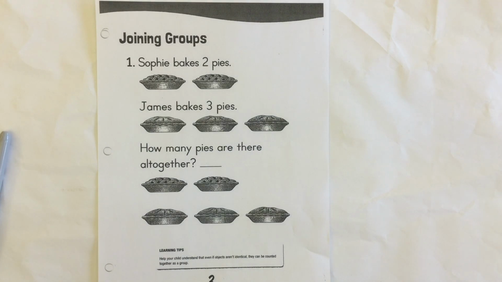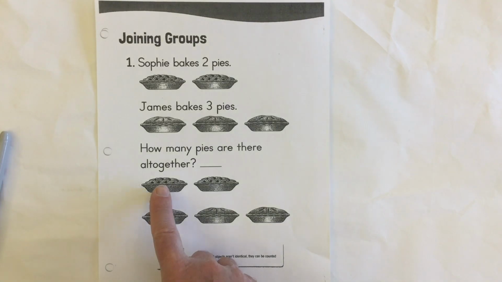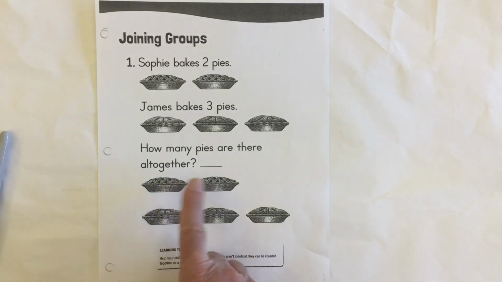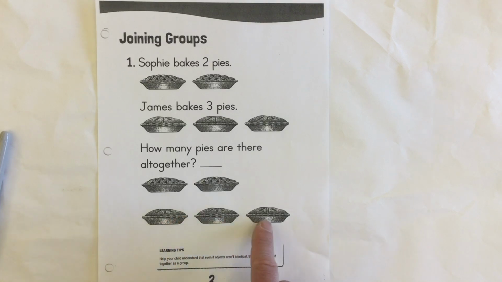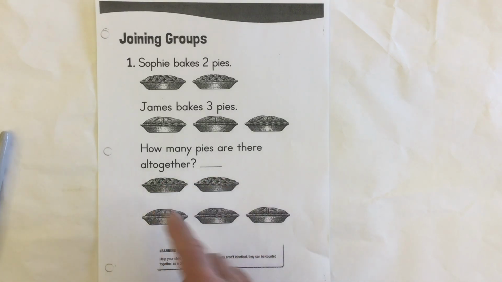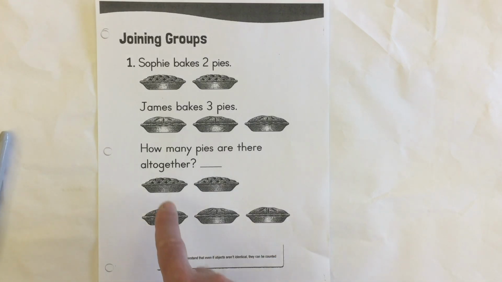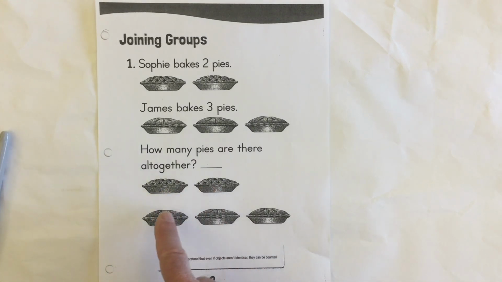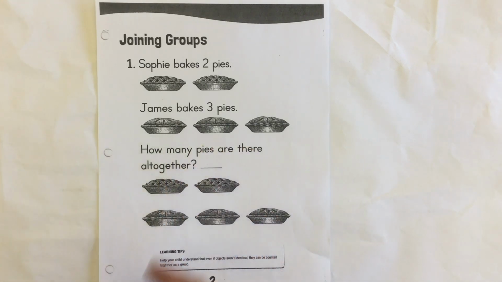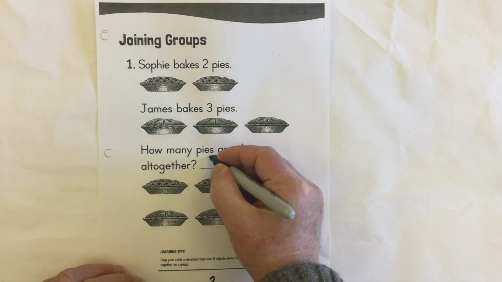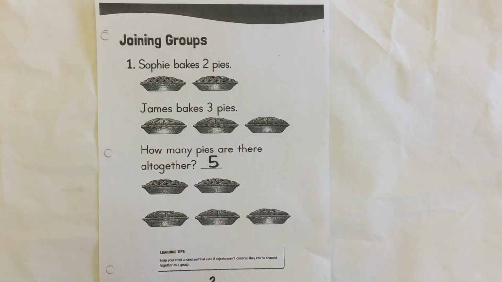How many pies are there all together? Well, let's take a look at the pies. Here's the 2 pies that Sophie baked. 1, 2. Here's the 3 pies that James baked. 1, 2, 3. If we count all of them now in this new group, we've got 1, 2, 3, 4, 5. How many pies are there altogether? 5.